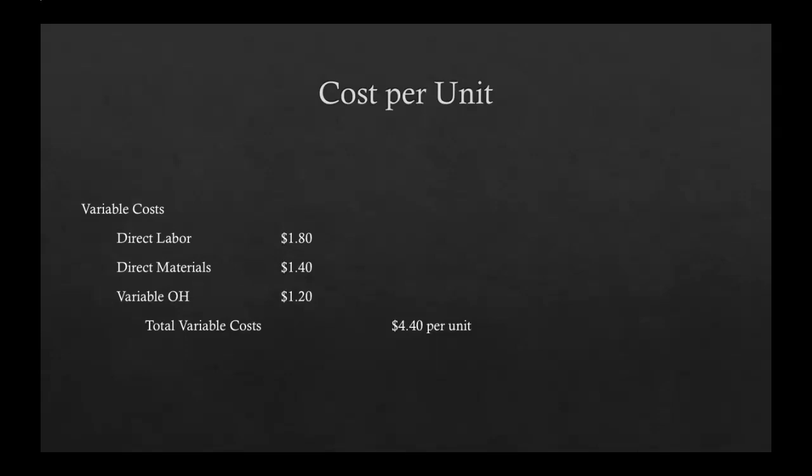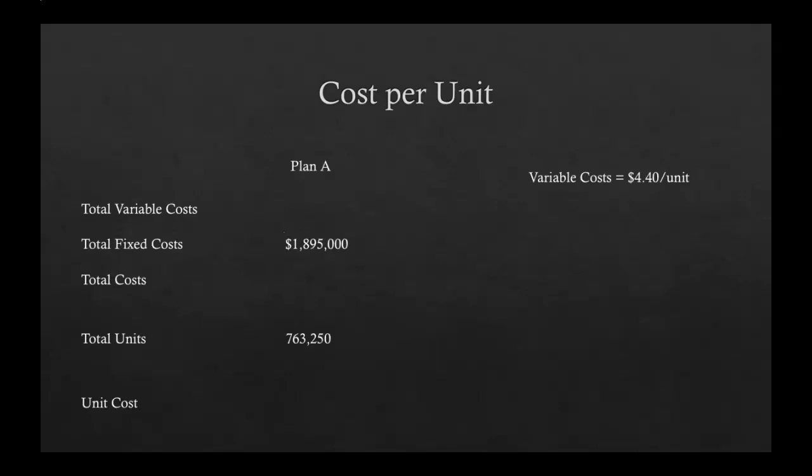That remains the same for plan A or plan B. However, for plan A, they're producing 763,000 units. So we take our $4.40 multiplied by our units for plan A, and we get a total variable of $3,358,300. So we can put that into our plan A column.